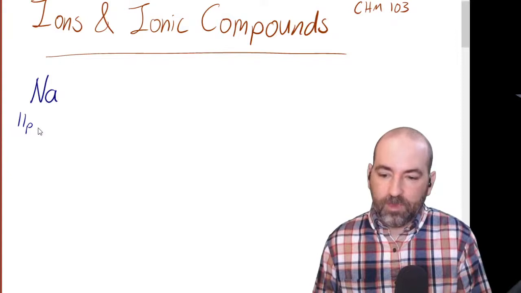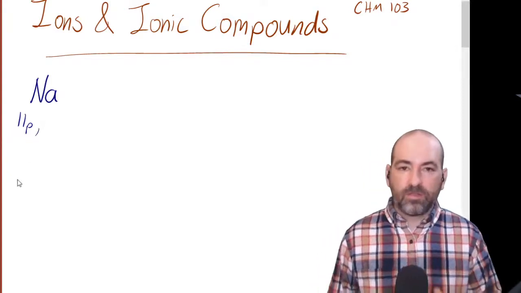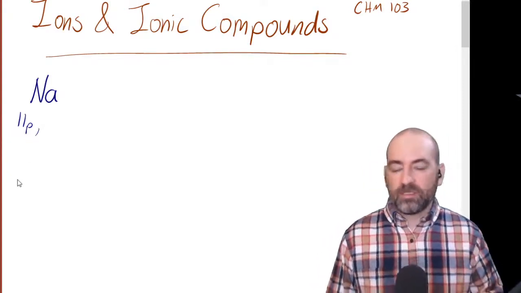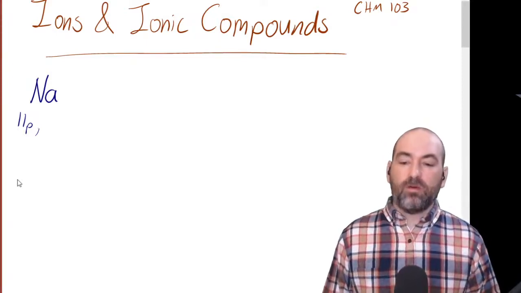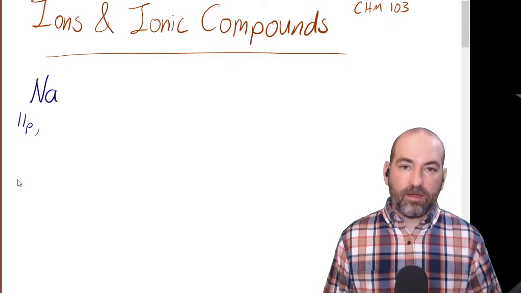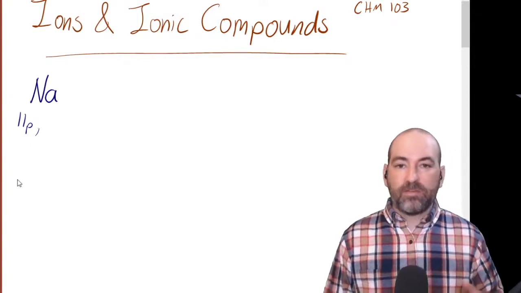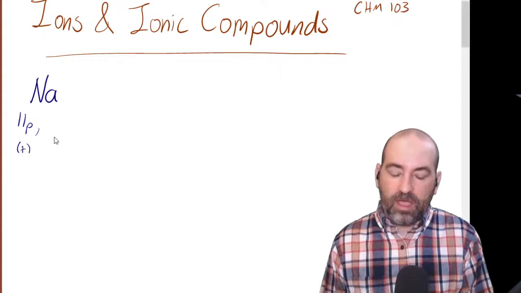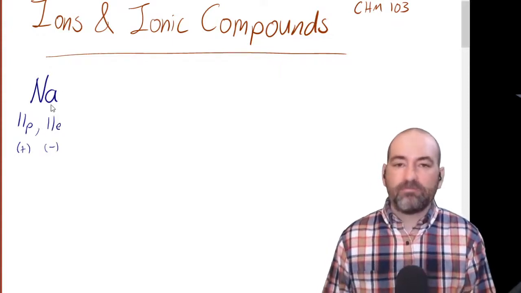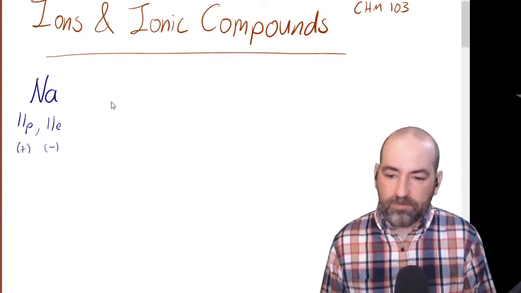We can't quite count the neutrons this way because we haven't given an atomic mass. We're not going to worry about that for now. But electrons, we can also know, because if it's a neutral atom, that means that it has to have an equal number of protons, which are positively charged, and electrons, which are negatively charged. So 11 protons, 11 electrons, and it's neutral, has zero charge.